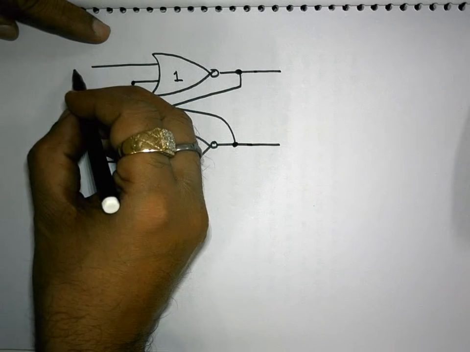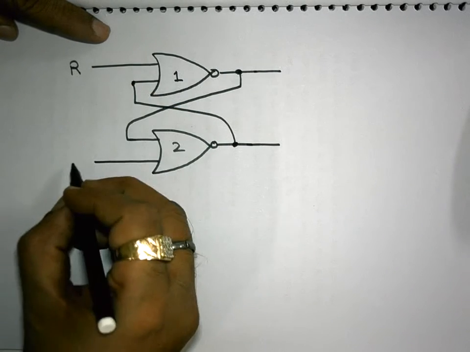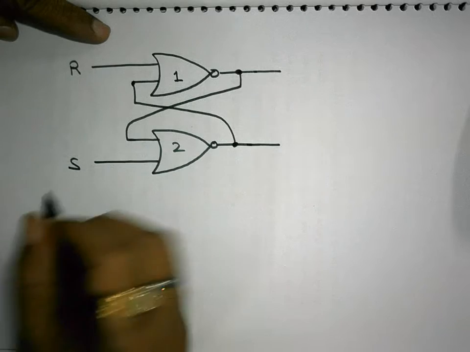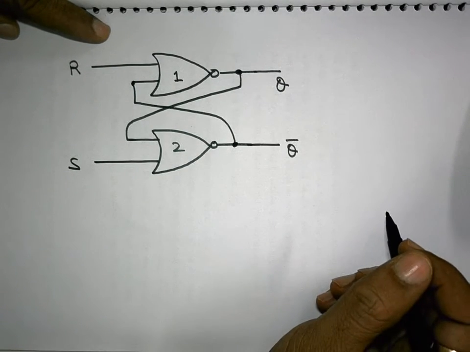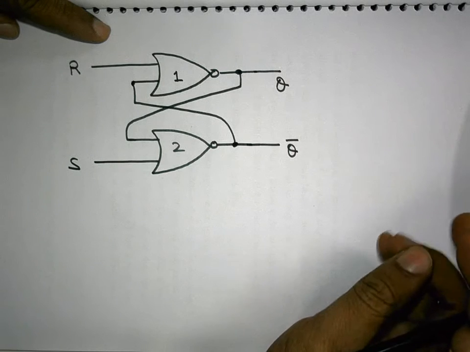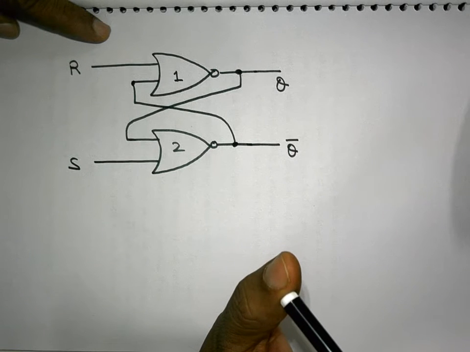So if I say this input is R and this input is S, these two outputs are known as Q and Q bar, where Q and Q bar happen to be complementary of each other. Okay.